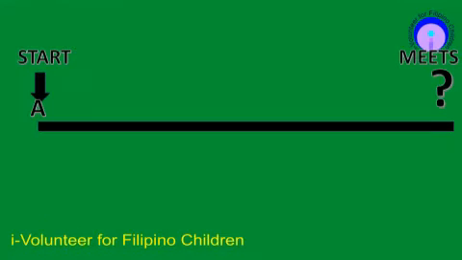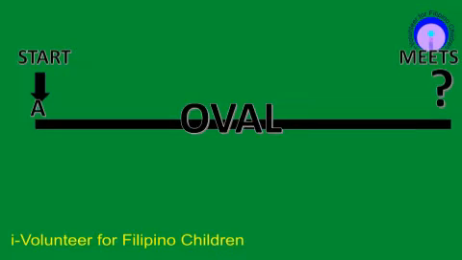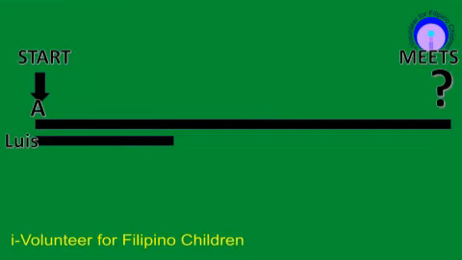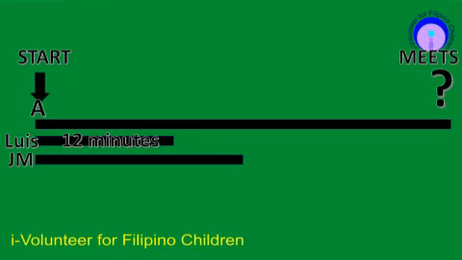Demonstrate how we are going to find the point where these two meet. Let's say this straight line will represent the oval. Louise would take 12 minutes to finish the oval. Like Louise, JM started at point A and runs for 18 minutes.